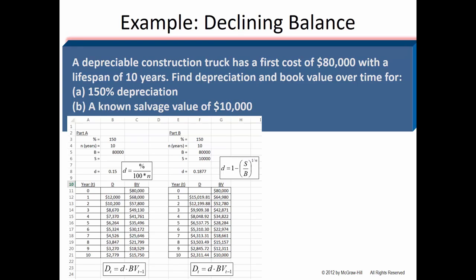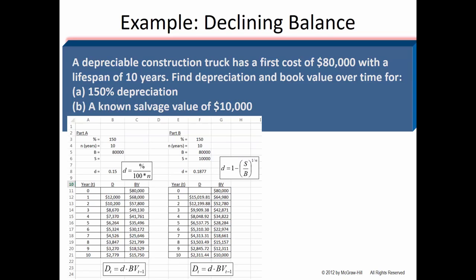In contrast, in part B here, if we have a known salvage value, this D factor is no longer some nice round number like it was in part A. The factor D is calculated by the known salvage value, the known initial first cost B, and so we've got this D factor 0.1877, and we calculate the depreciation still using this percentage.